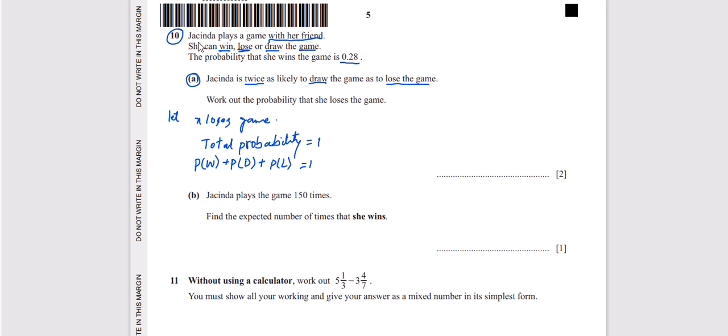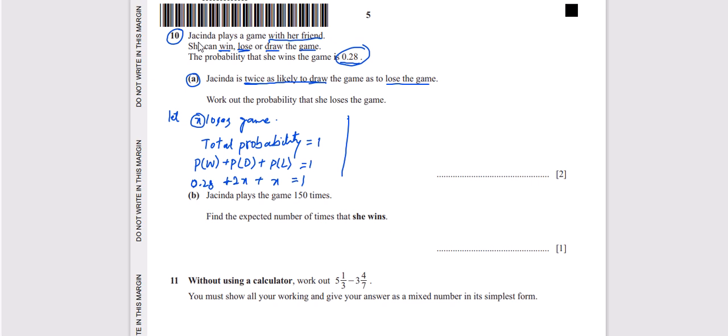So the win probability is given as 0.28, plus the probability of draw. The draw probability is twice the lose, so this is an unknown and should be written in x. So 2x, plus the probability of lose, that is x, is equal to 1.